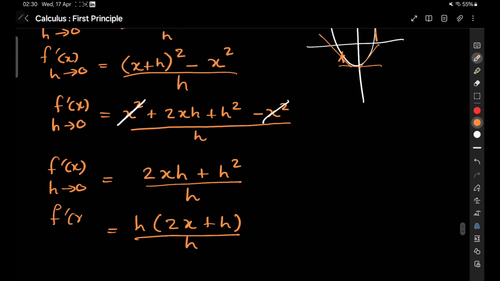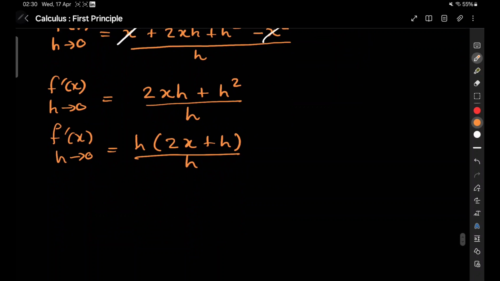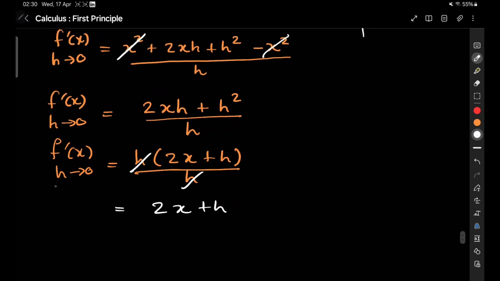And let's not forget to carry the limit everywhere we go until we substitute. So now we have this h and this h over here canceling each other, and what we have remaining as a final answer is 2x plus h. And from here, we're still carrying this with us.